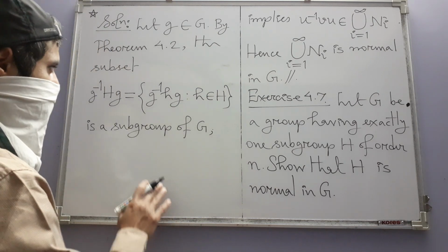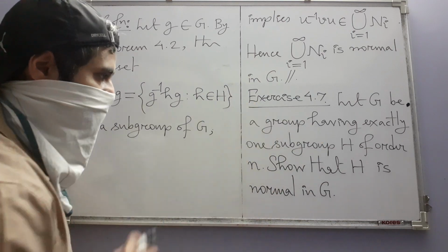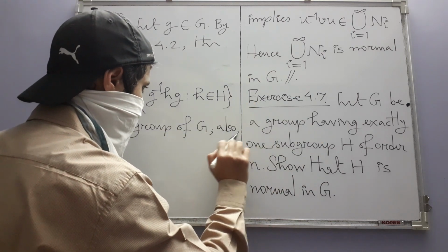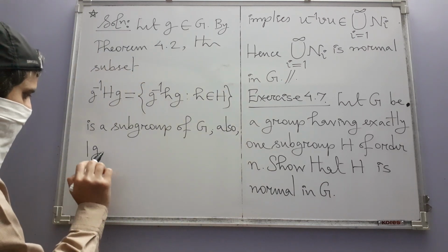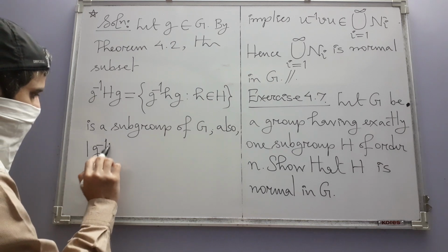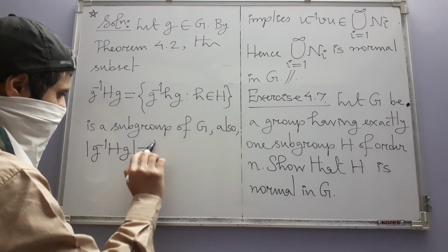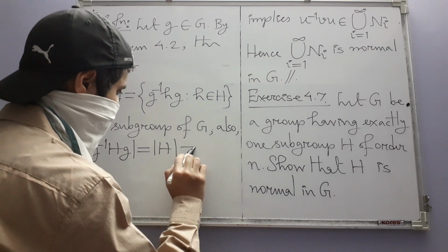So in that case, this subgroup has the same order as H. So we write also the order of this subgroup is the same as the order of H, which is n.